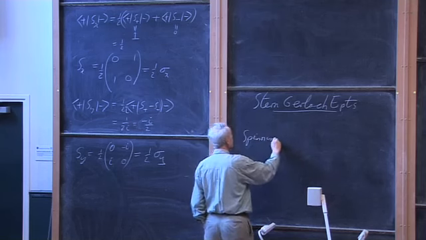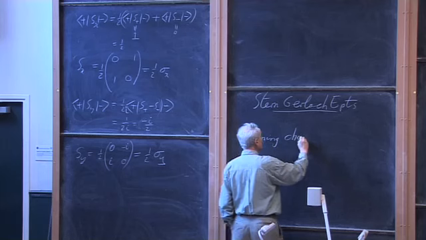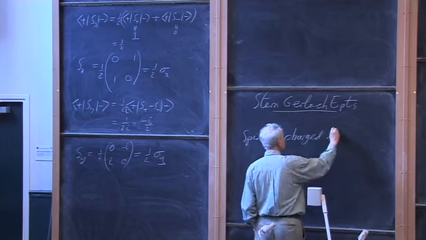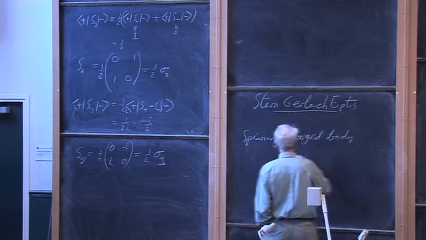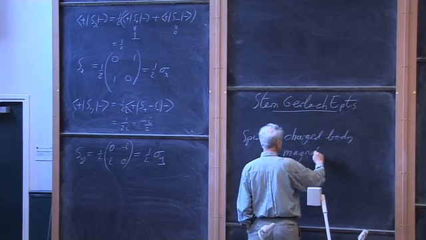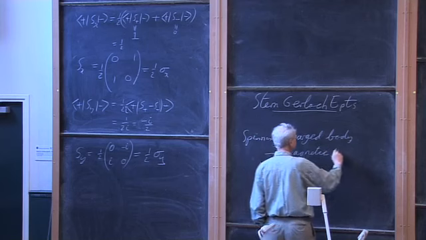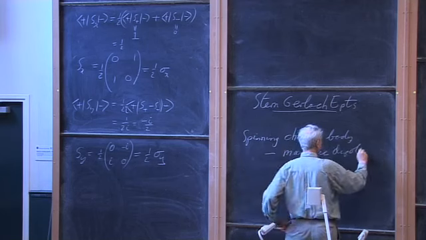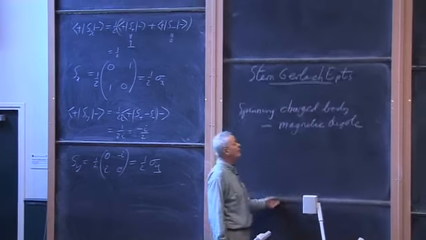spinning charged body is a magnetic dipole. I think that's kind of plausible.